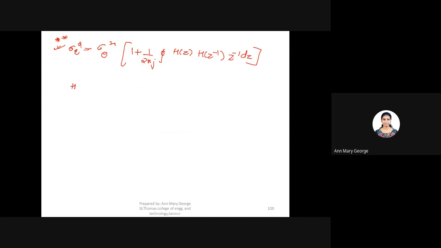Again, what will be the transfer function when the output signal of an analog to digital converter is passed through the first order low pass filter?